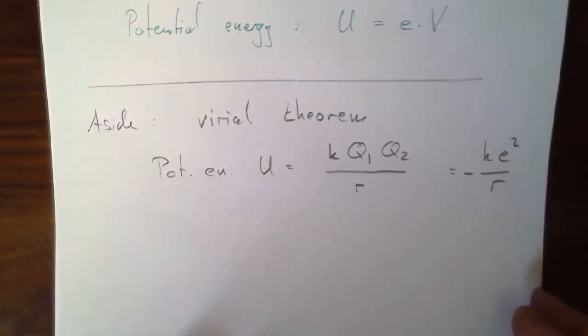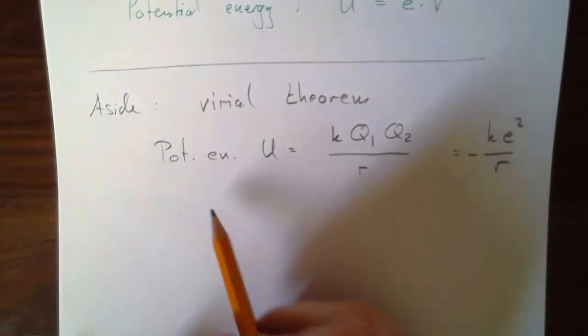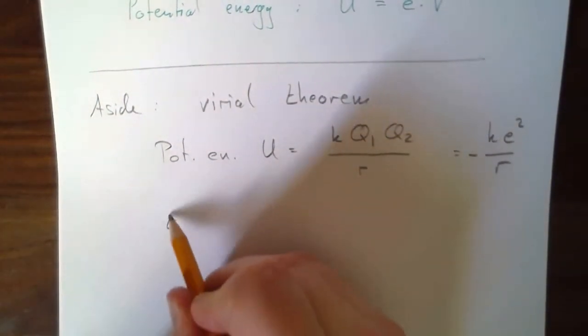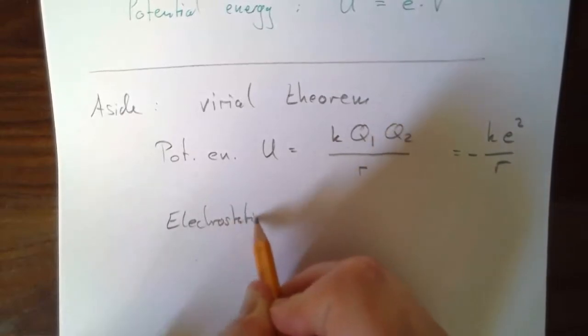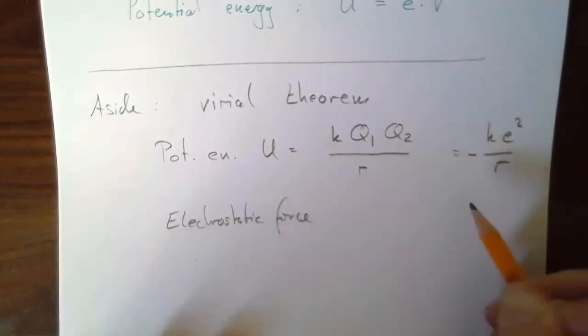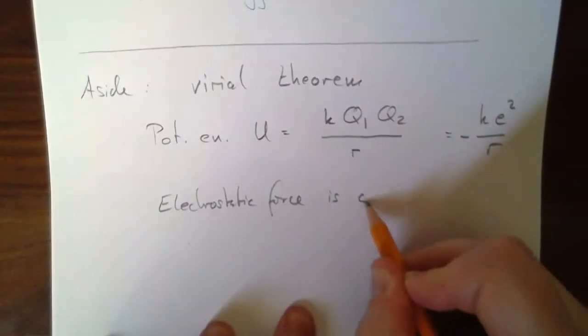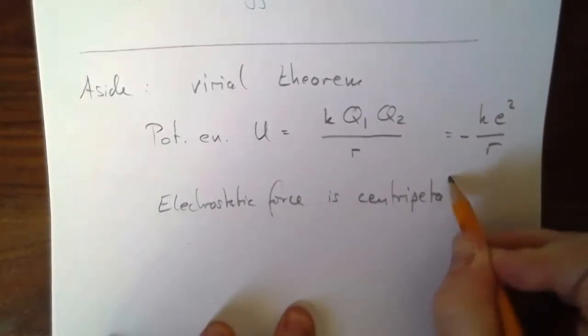Okay, now what you know is that the force is a centripetal force. So the electrostatic force has the role of a centripetal force. It keeps something going in a circle.